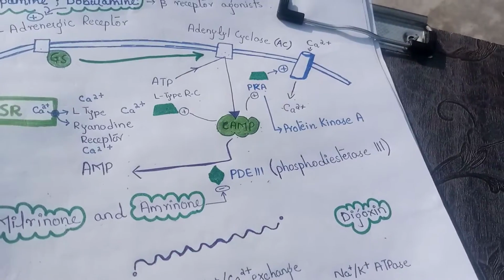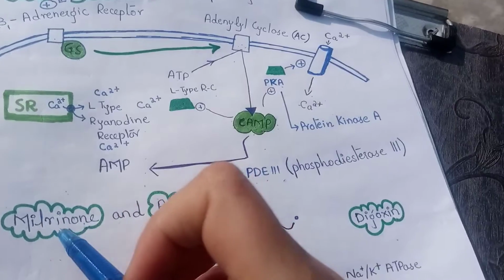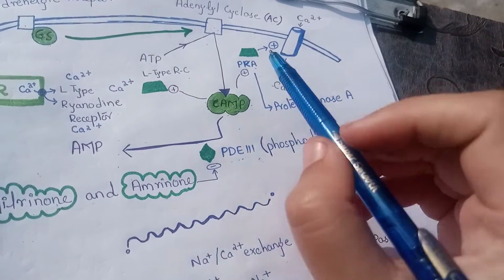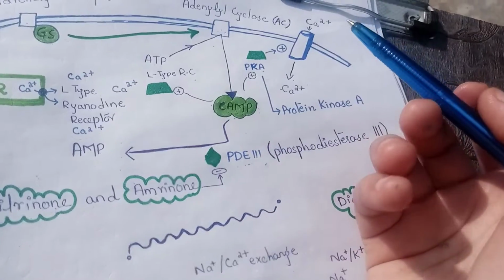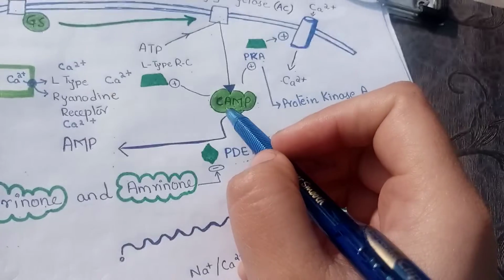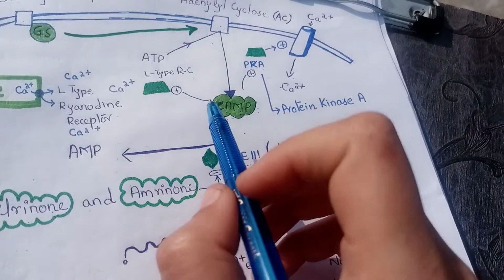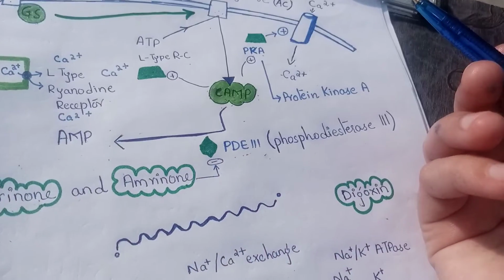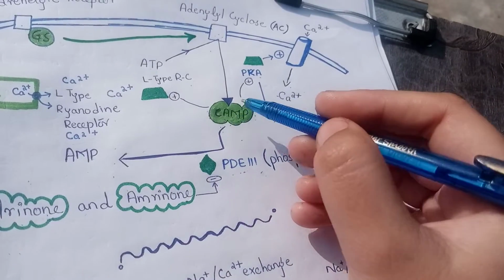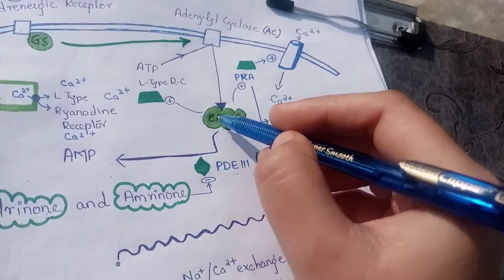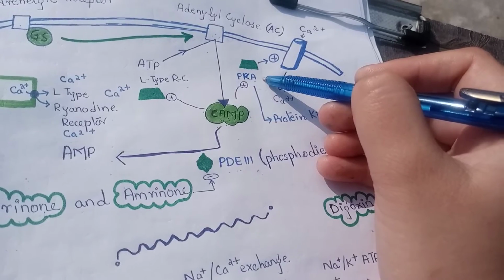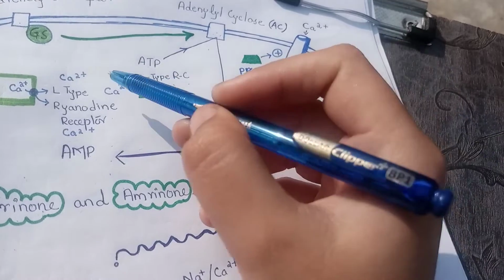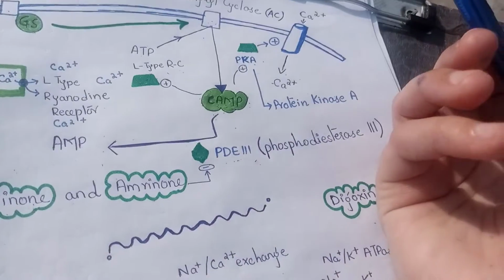But what happens if you give milrinone and amrinone? They inhibit this enzyme, leading to the inactivation of the conversion of cAMP to AMP. So if cAMP is not converted to AMP, the cAMP level will increase, and it will again lead to the stimulation of protein kinase A, and thus the L-type ryanodine receptor to release calcium, and the calcium concentration will increase.